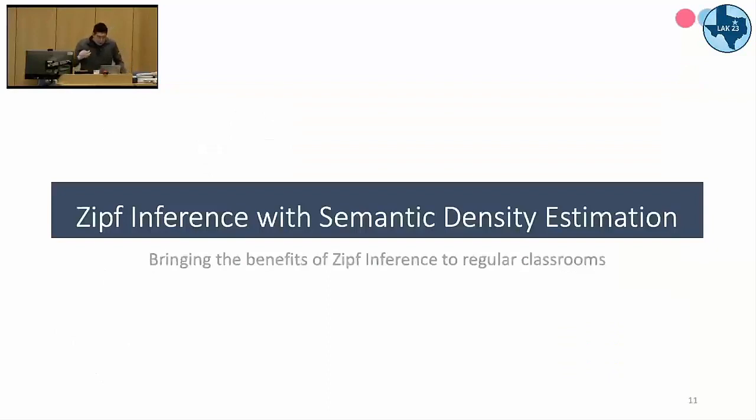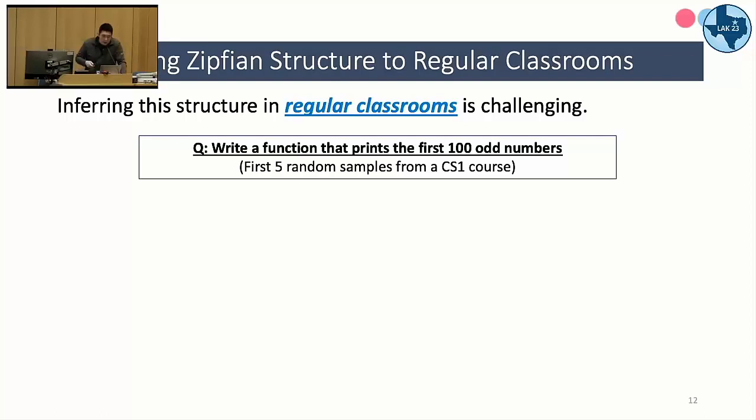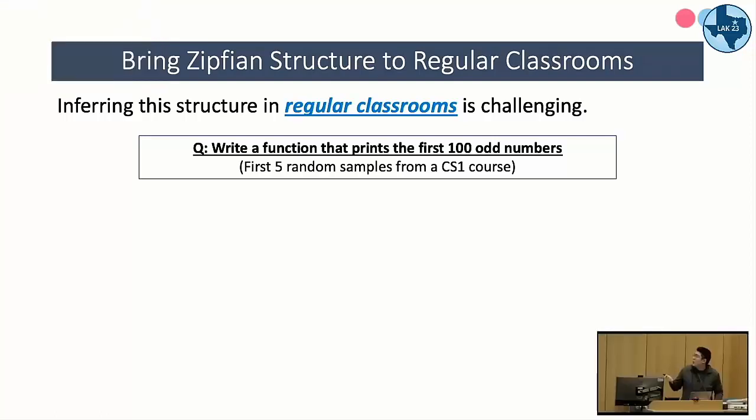All right, so I just talked about all the benefits of being able to infer these Zipf patterns, and can we bring these benefits to actual classrooms? It turns out that inferring this structure in regular classrooms is quite challenging, and you as teachers would probably know why.